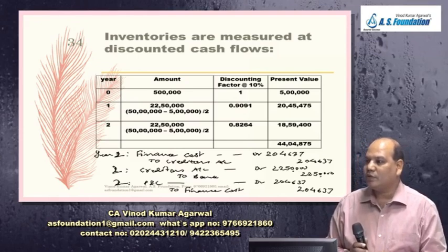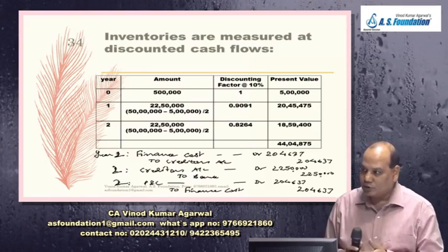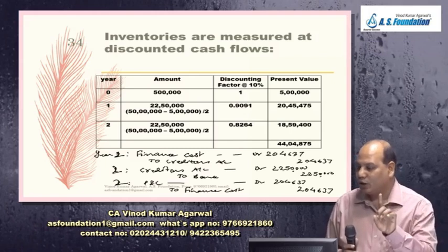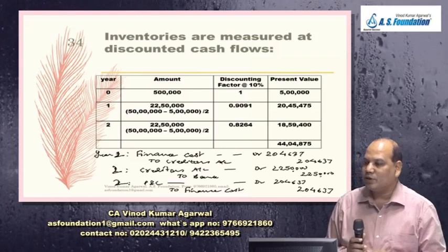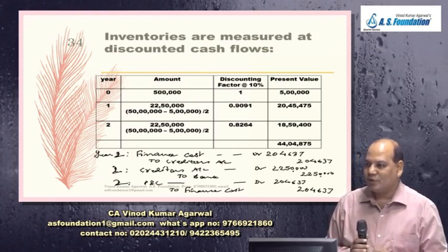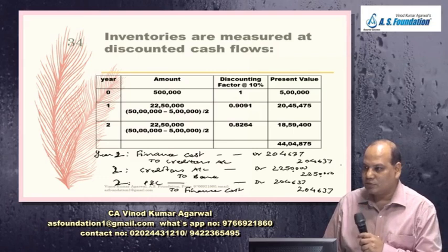Add that interest of the first year, 390,488, minus 22 lakh 50,000 plus interest of second year 2 lakh 4,637 minus 22 lakh 50,000. Is it 0? If it is not 0, then maybe 1 rupee you can adjust in the finance cost of the last year. Understood?